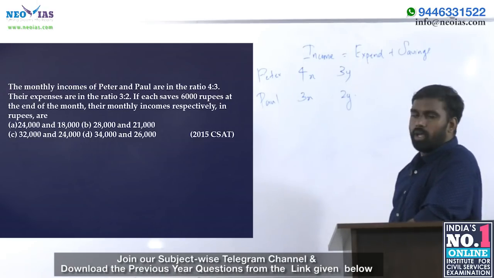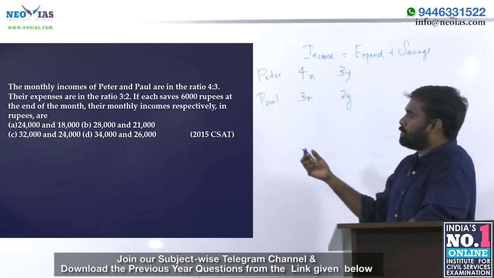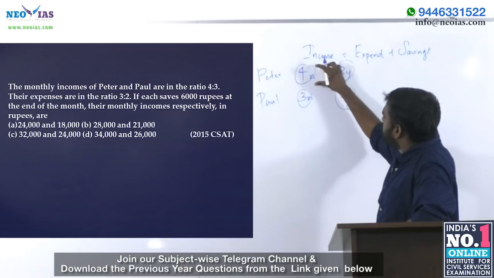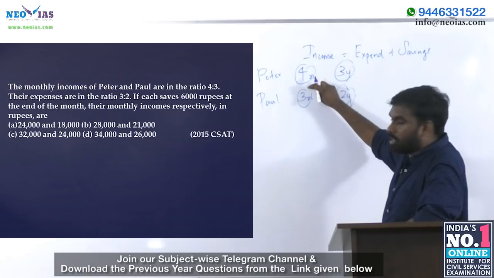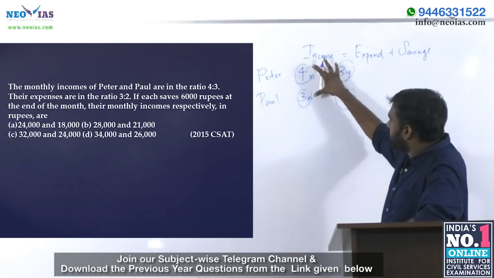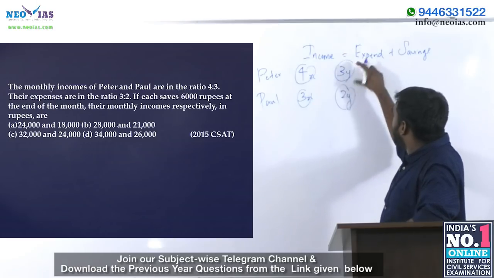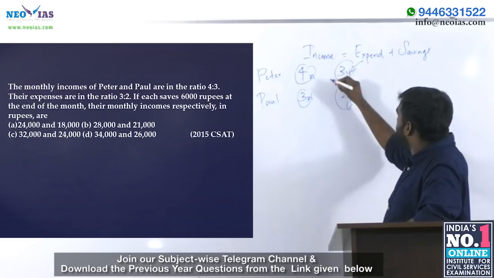The parameter which is cut off in the case of income is x, and in the case of expenditure it is y.